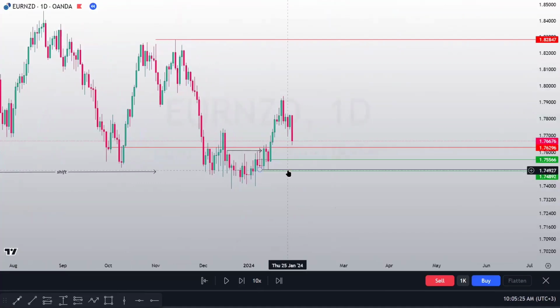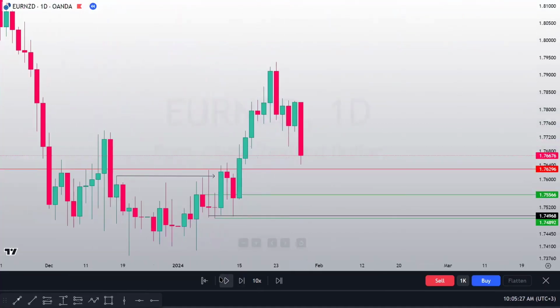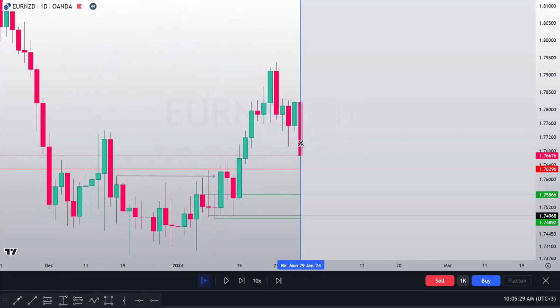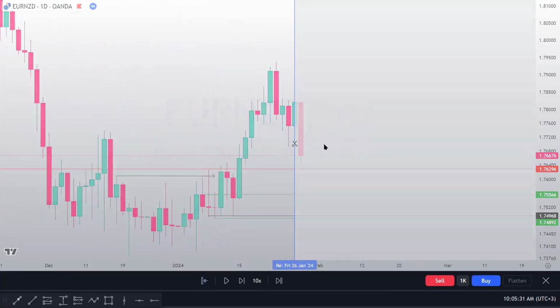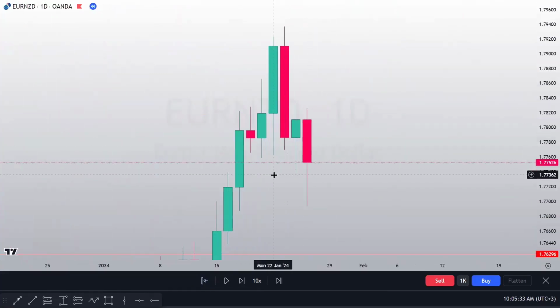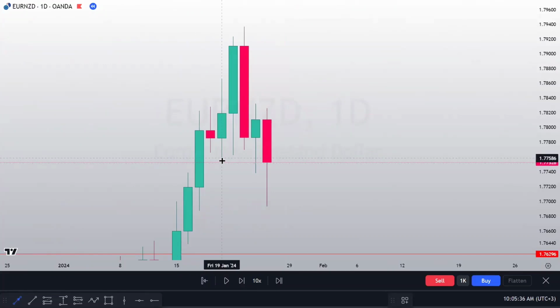So observing a shift from the daily time frame, we were having a second agglomeration on this particular area. So observe clearly, we had this shift right here. We were having this shift right here, as you can see.